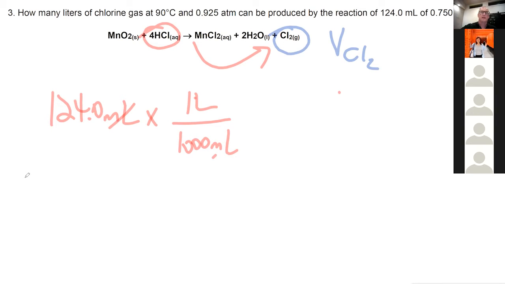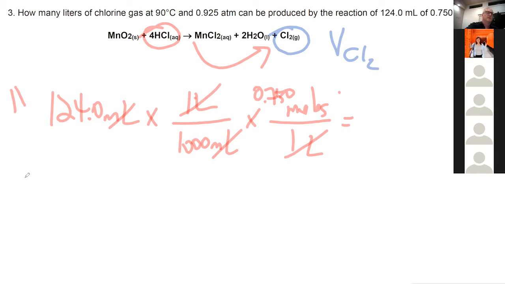Now we need to convert liters to moles. How do we do that? We use the molarity, 0.750 moles over liter. So that gets rid of our liters and we're left with moles. So how many moles of HCl do we have?